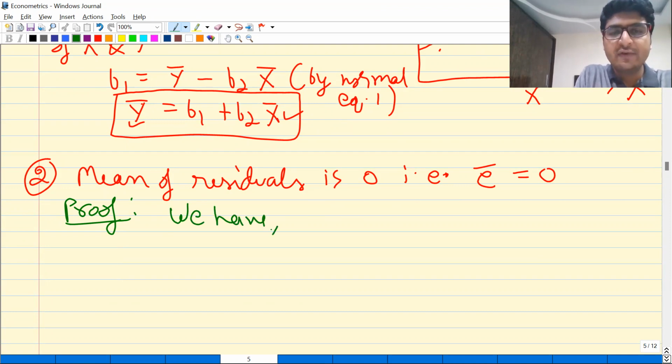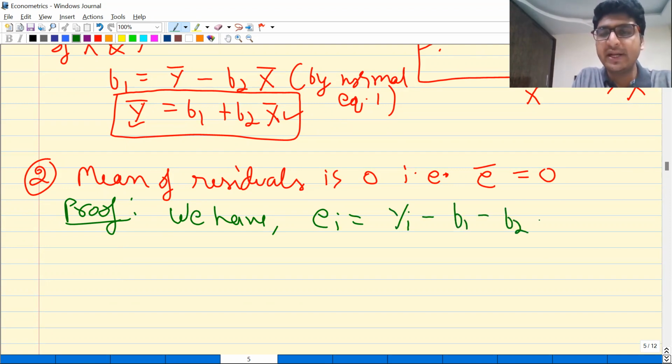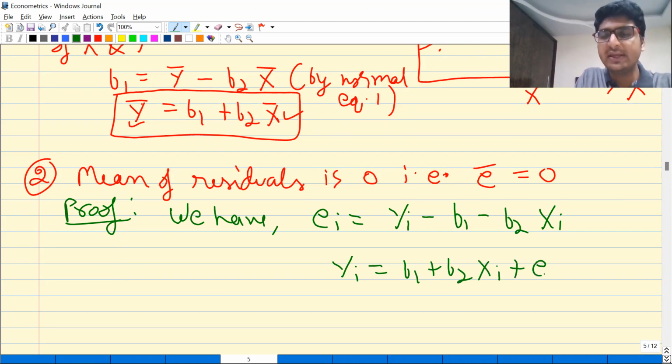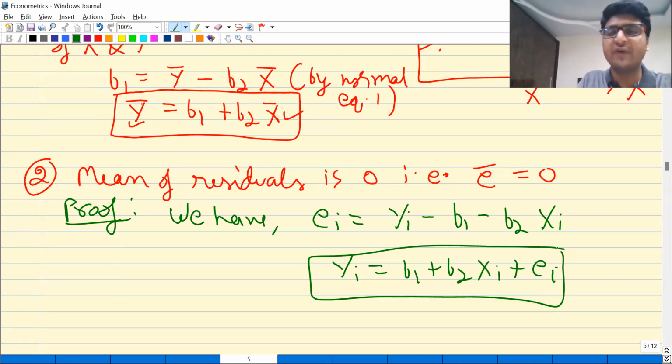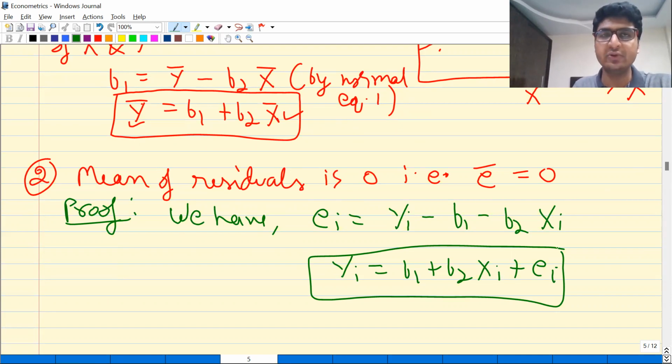So we have ei equal to yi minus b1 minus b2 xi, right? हमारे पास मॉडल होता है yi is equal to b1 plus b2 xi plus ei. So using this, ei is equal to yi minus b1 minus b2 xi.